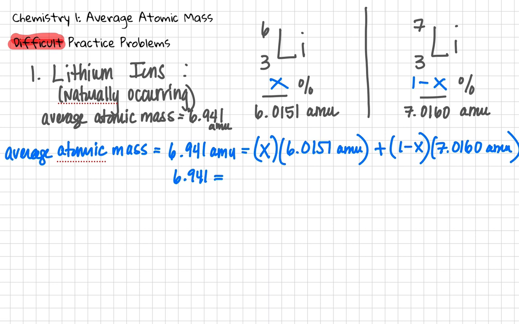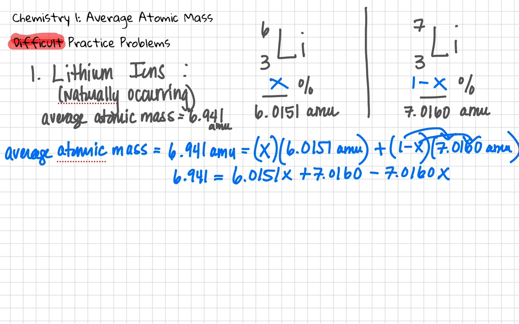Now, let's do the math. This becomes 6.0151x. And then here I'm going to distribute. Both of them have to be multiplied by 7.0160. So 1 times 7.0160 is going to be plus 7.0160, and then minus 7.0160x.